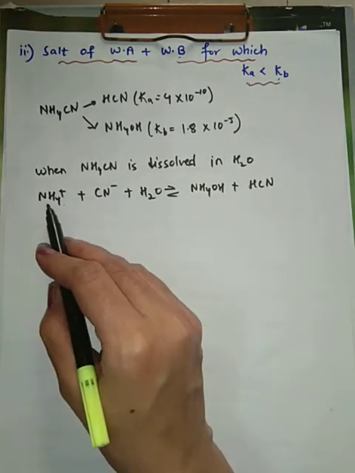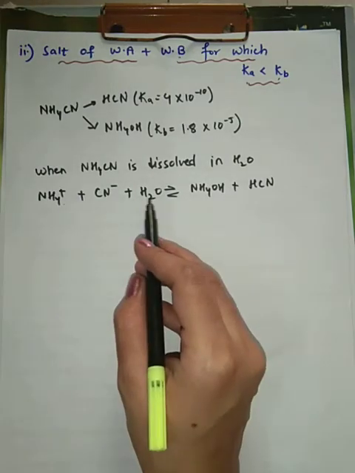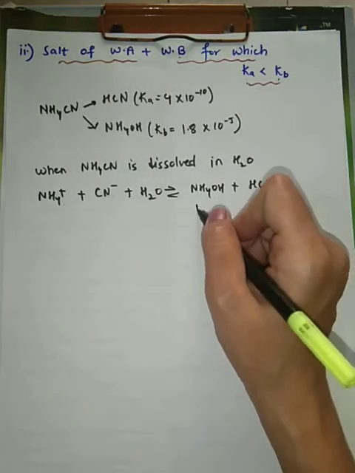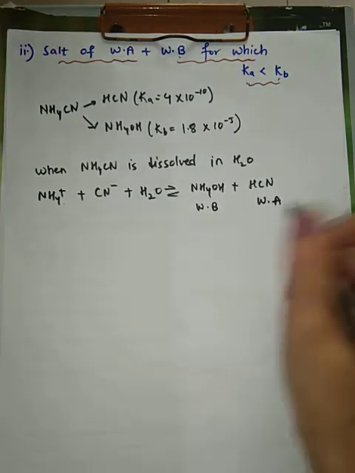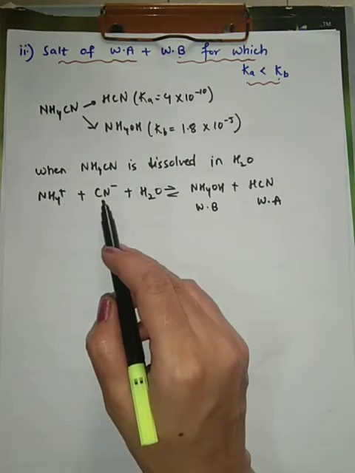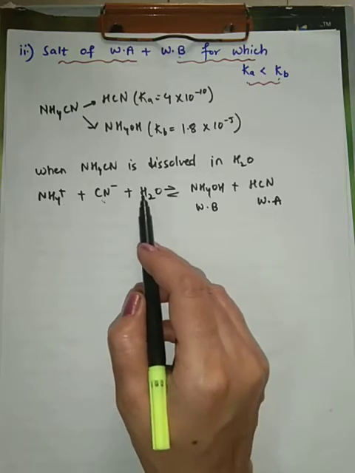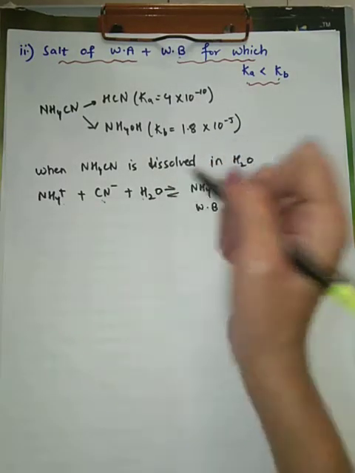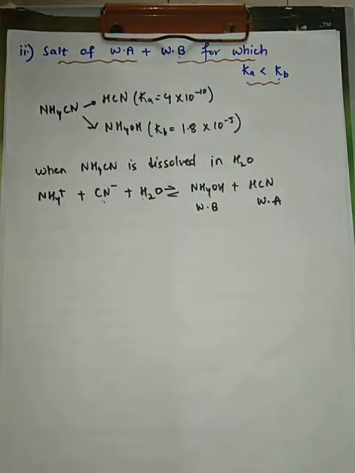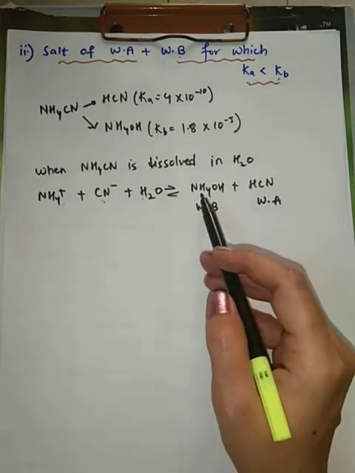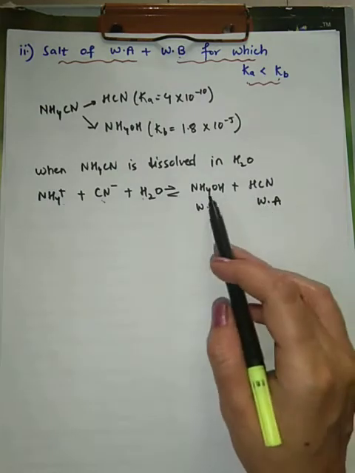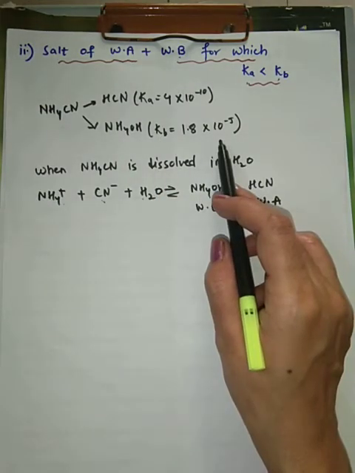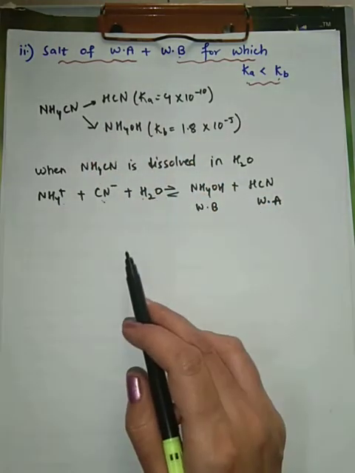The cation takes OH from water and forms a weak base, and the cyanide anion of the salt combines with H plus of the water to form a weak acid. Now the base ammonium hydroxide is stronger than HCN, as its Kb value is more than the Ka value of hydrogen cyanide.